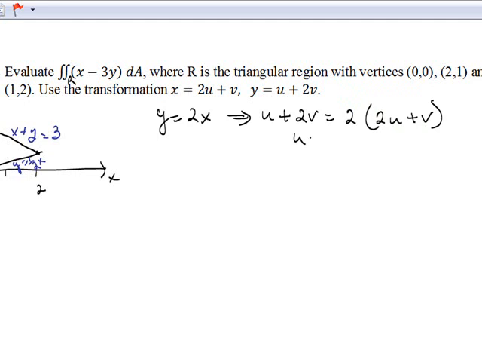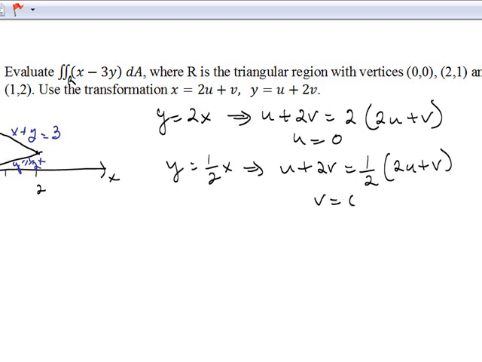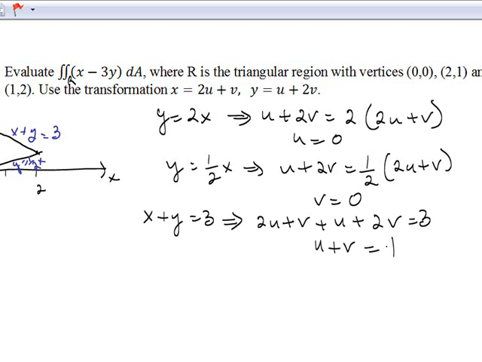And when you work that out, you'll get u equals 0. y equals a half x: you have u plus 2v is a half times (2u plus v). When you work that out, you get v equals 0. And x plus y equals 3 gives 2u plus v plus u plus 2v equals 3. This gives u plus v equals 1.